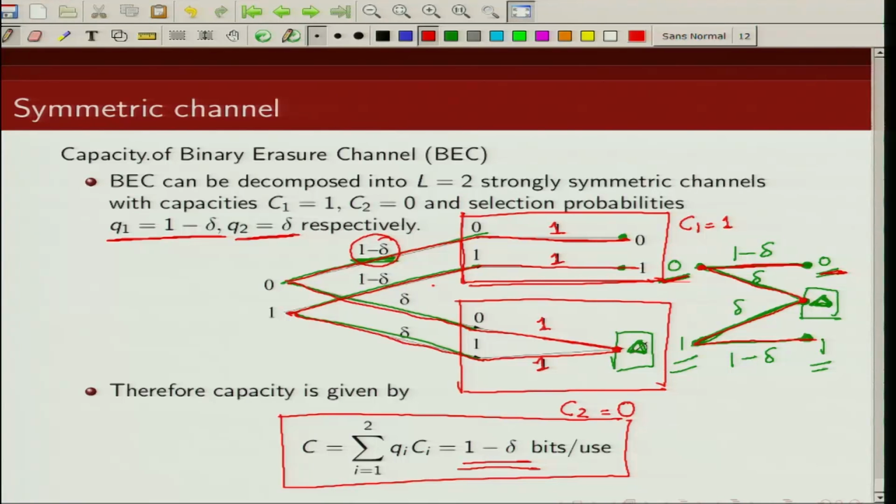Subsequently, we use the expression for the capacity of a symmetric channel in terms of the capacity of strongly symmetric channels and their selection probabilities to get the expression for the capacity of the binary erasure channel, which is 1 minus delta. So, if delta is 1, capacity is 0. If delta is 0, we can see that capacity will be 1.